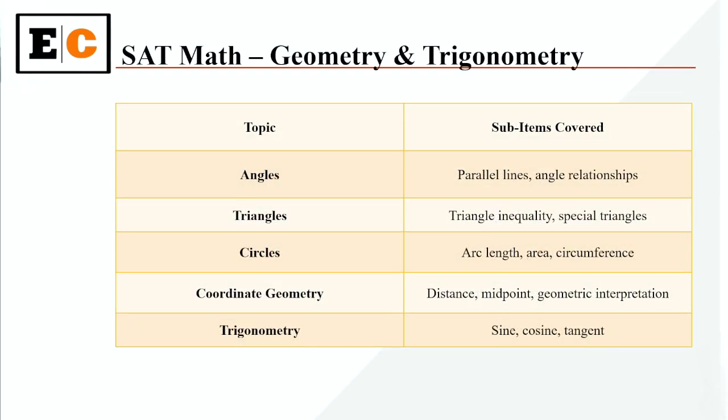Further, in geometry and trigonometry, we would be exploring angles, triangles, circles, coordinate geometry, and trigonometry. In our upcoming lectures, we would start from the very basic, that's angles. We would learn about parallel lines, what the angle relationships are, and further we would move on to triangle inequalities, special triangles like isosceles, equilateral, and scalene triangles.